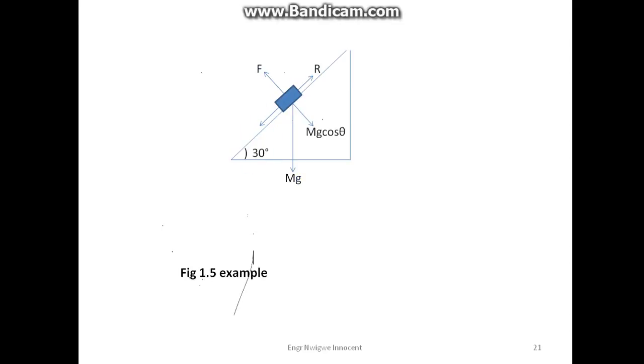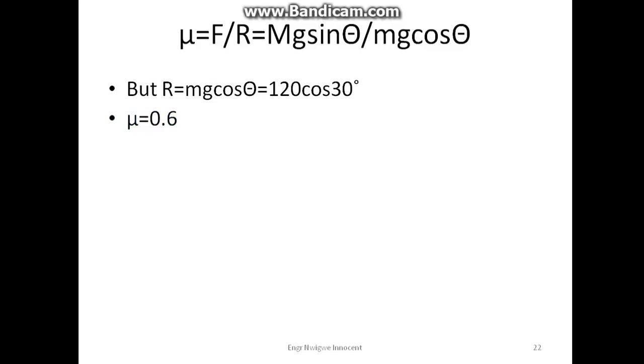For a force on an inclined plane, we have the coefficient of static friction mu equals the limiting frictional force over the normal reaction, which equals mg sin theta over mg cos theta. But the reaction is equal to mg cos theta, which equals 120 cos 30 degrees. The coefficient of static friction mu, or the efficiency, is 60%, which equals 0.6.